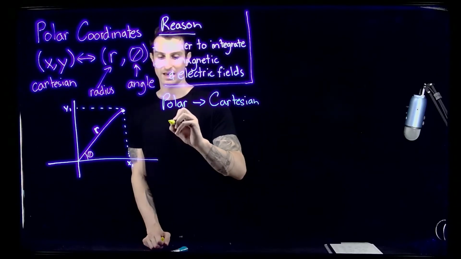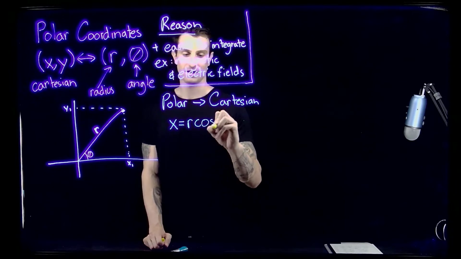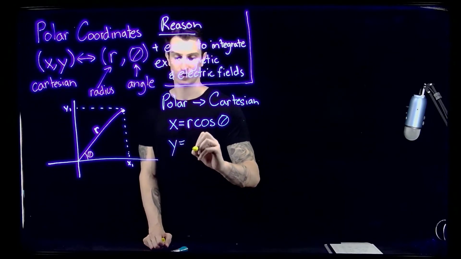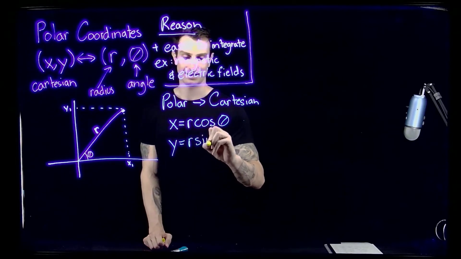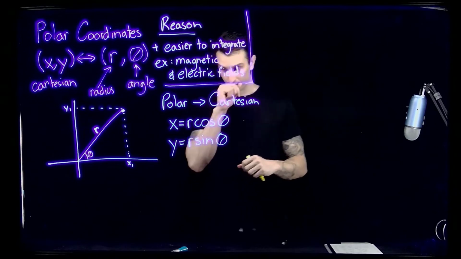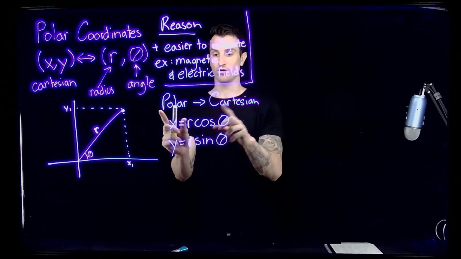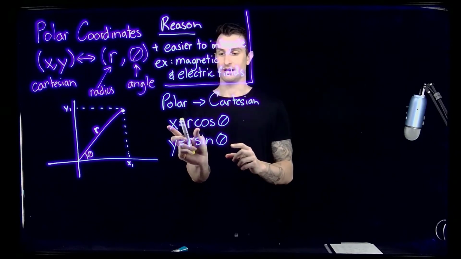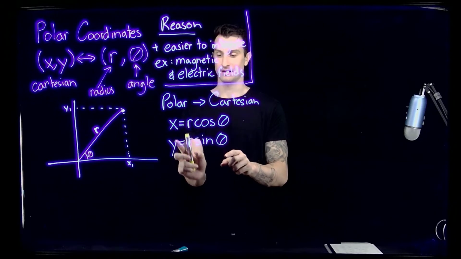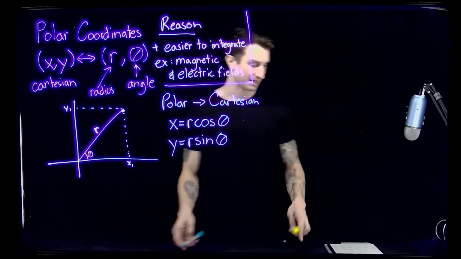What we have here is x is equal to r cosine theta, and y is equal to r sine theta. There are other things that I'll add on to this at the end once we get into our third example, but for right now, if we're just going in this direction, polar to Cartesian, if you give me some r and some theta, I can give you an x. If you give me some r and some theta, I can give you a y. So this makes life easy to go in that direction.